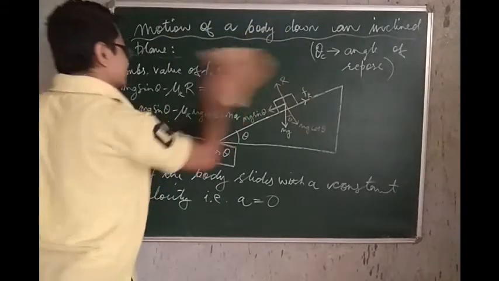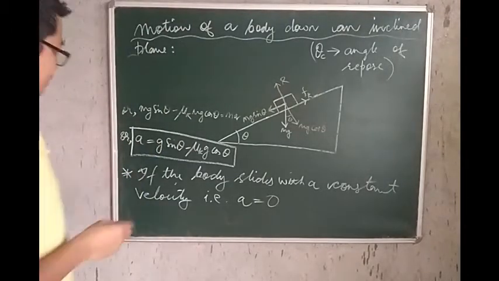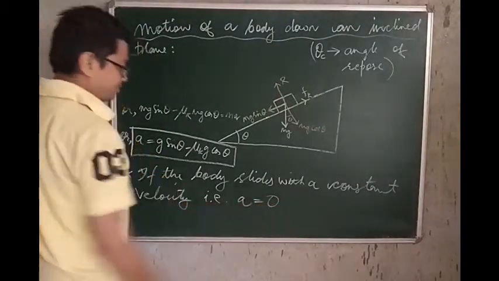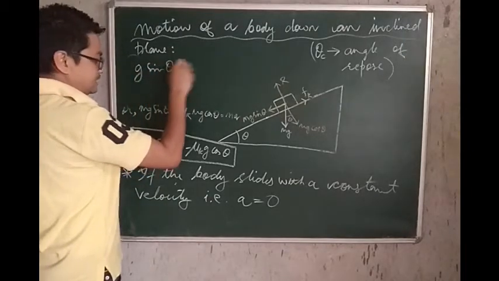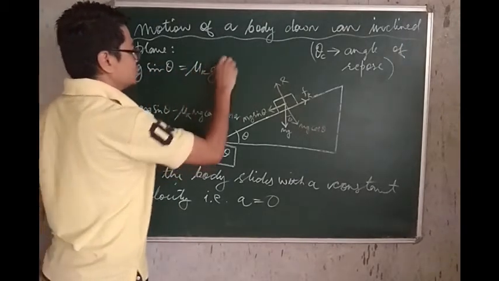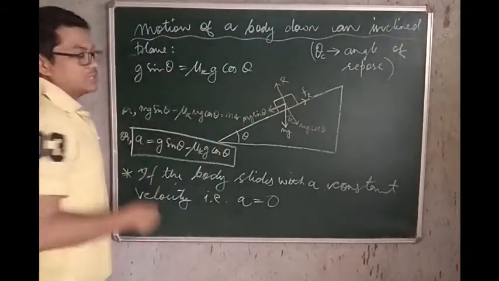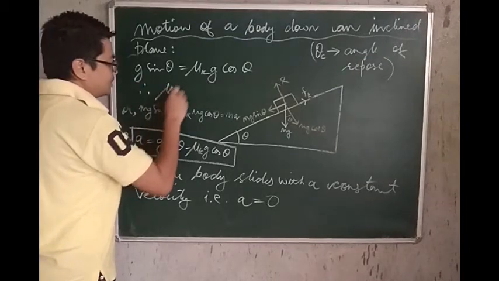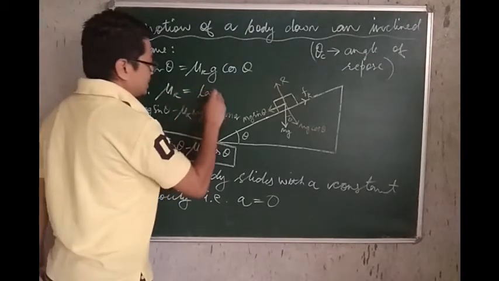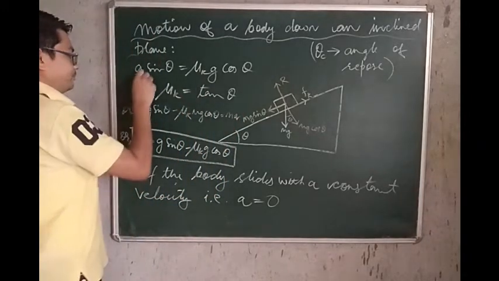Let me again erase this part. I hope you are pausing the video and copying. Alright, so acceleration being 0 means g sine theta is equal to mu k into g cos theta. So this g and this g divide each other out, and therefore mu k is equal to tan of theta.